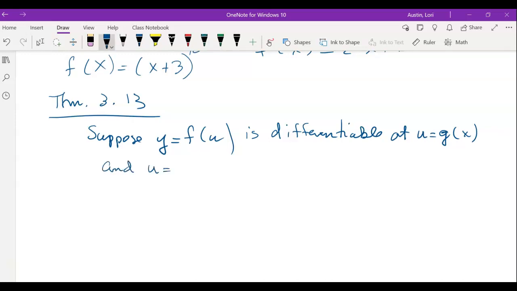And u equaling g of x is differentiable at x. All right, so we got all the boring stuff out of the way. It all has to be differentiable at all these different places in order for this to work. That's going to be given to you. You don't need to worry so much about that.